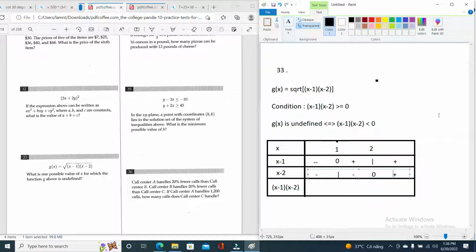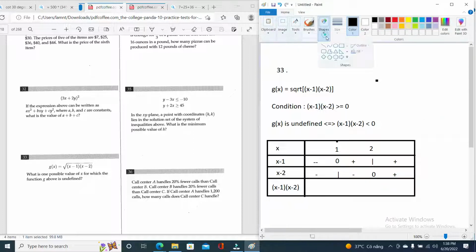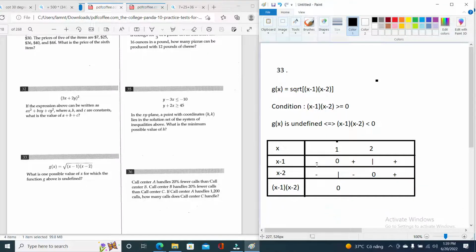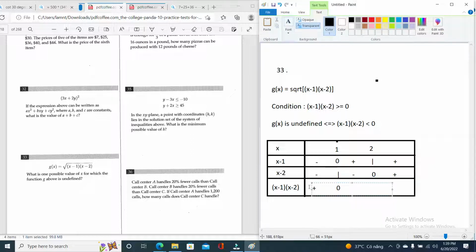Okay, so let's calculate it. Now x minus 1 and x minus 2. At the point x equal to 1, this product is actually 0. But when x is less than 1, x minus 1 is negative and x minus 2 is also negative, so the product has to be positive.